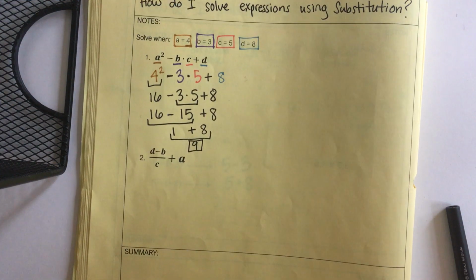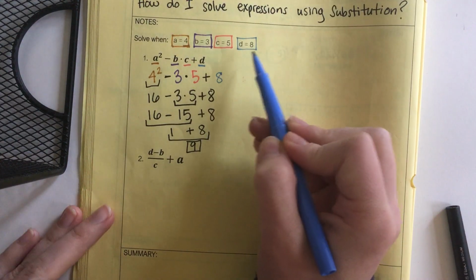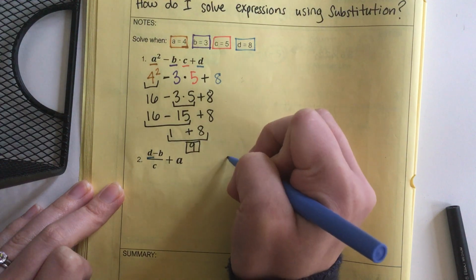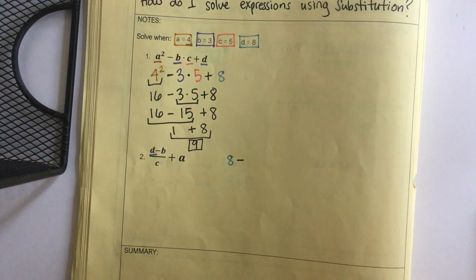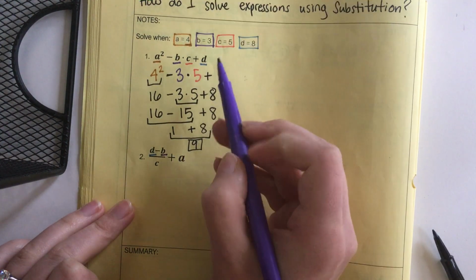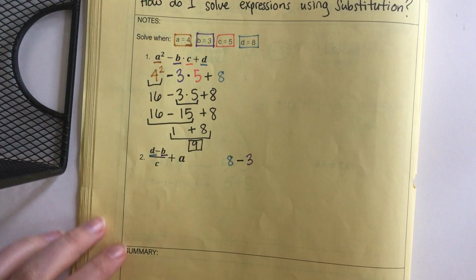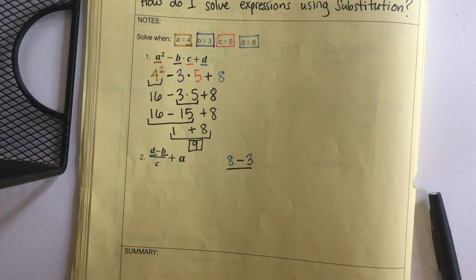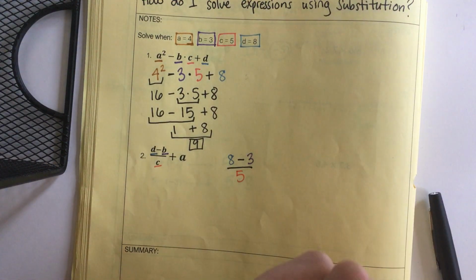So let's try one more here. I'm going to use the same colors. So I'm starting off with D, which I said was this blue one up here, which is the 8. So I'm going to write it off to the side over here. So I have 8. I still have the minus. B was purple. So that was 3. C was this pink coral color, which is 5.